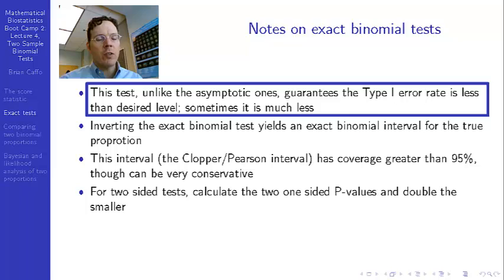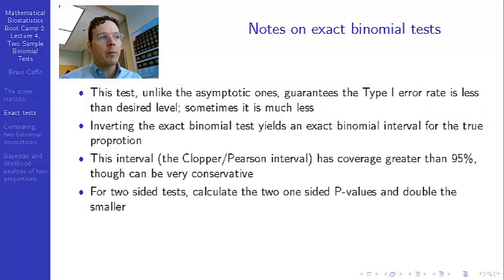On the other hand, this exact test guarantees that, if you pick alpha equal to 0.05, the alpha level is 5% or lower. The problem with being 5% or lower is that it's exact but conservative. So in some cases with very small sample sizes, the exact level can be much less than the desired level.